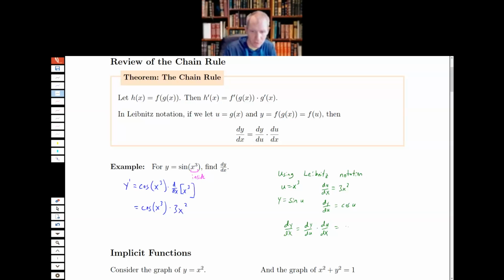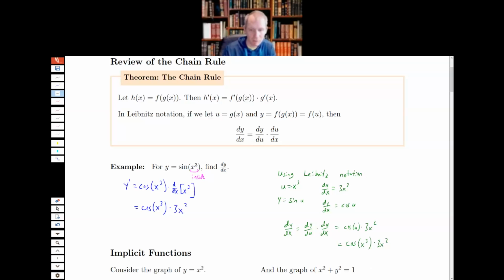Dy du is cosine u, du dx is 3x squared, and I can replace my u now with the x cubed so that I'm down to just one variable. So this is cosine of x cubed times 3x squared.